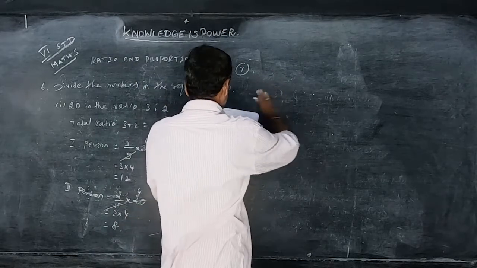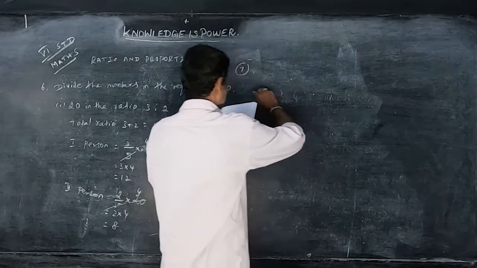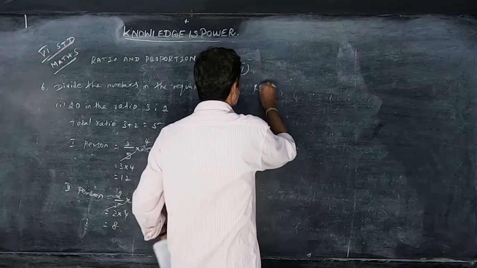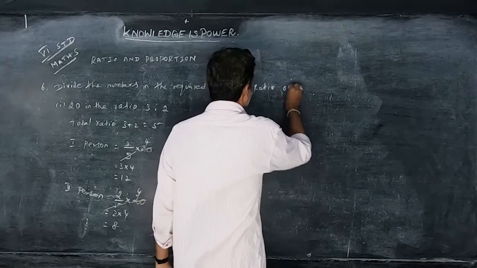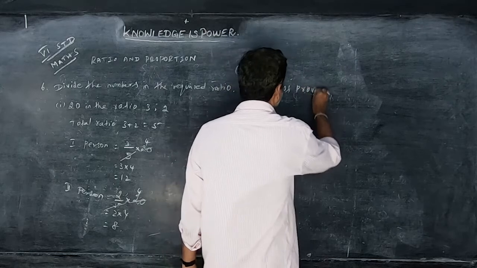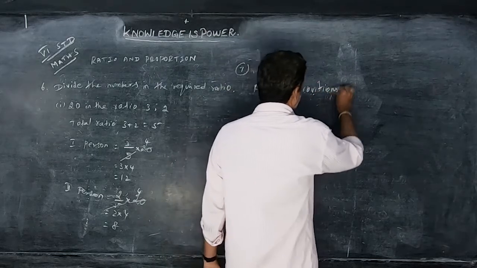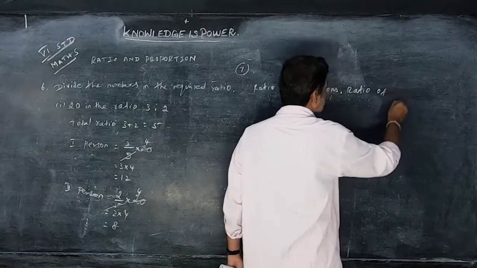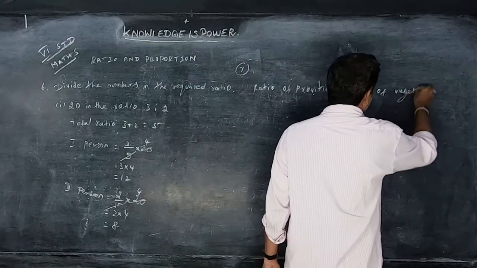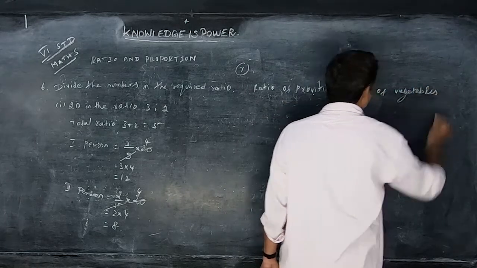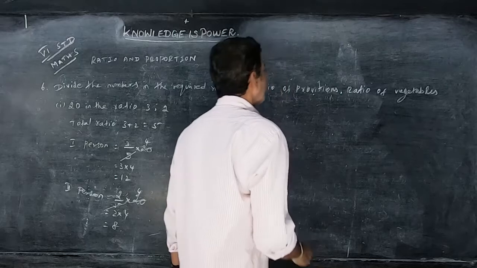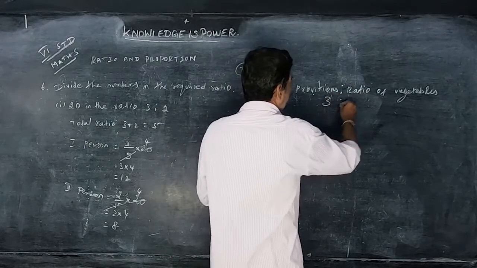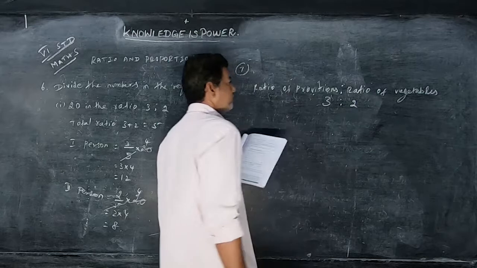So you have to find out what: the ratio of provisions is to the ratio of vegetables. The ratio of provisions is 3 and the ratio of vegetables is 2.